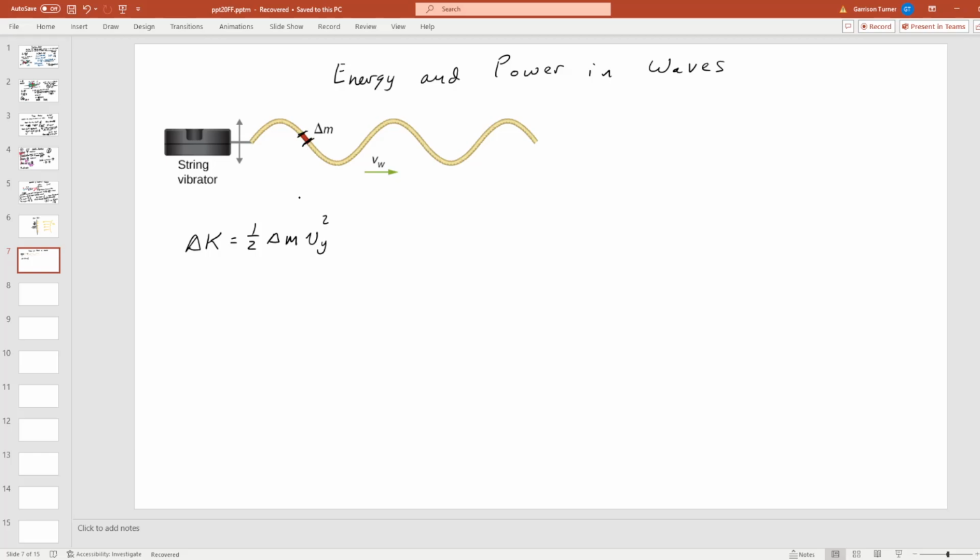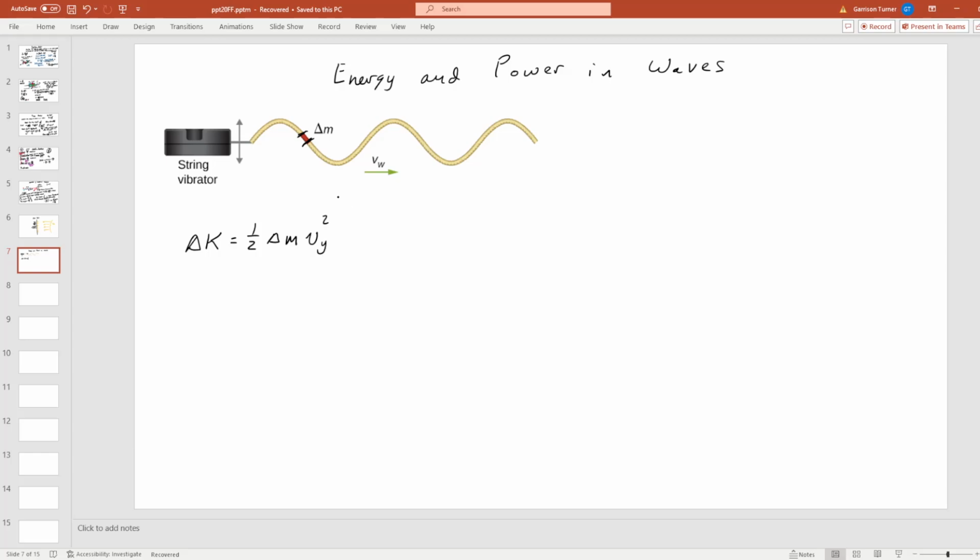Then the kinetic energy of that little element, the differential amount of kinetic energy for that tiny piece of mass, is 1/2 times that amount of mass times the velocity of the wave squared.